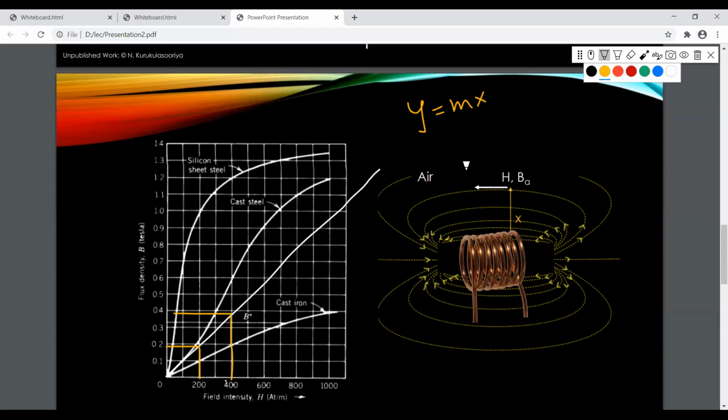Here y is the magnetic flux density B, and x is the magnetic field intensity H, capital H. And this constant, the gradient of this line, we give a special name.